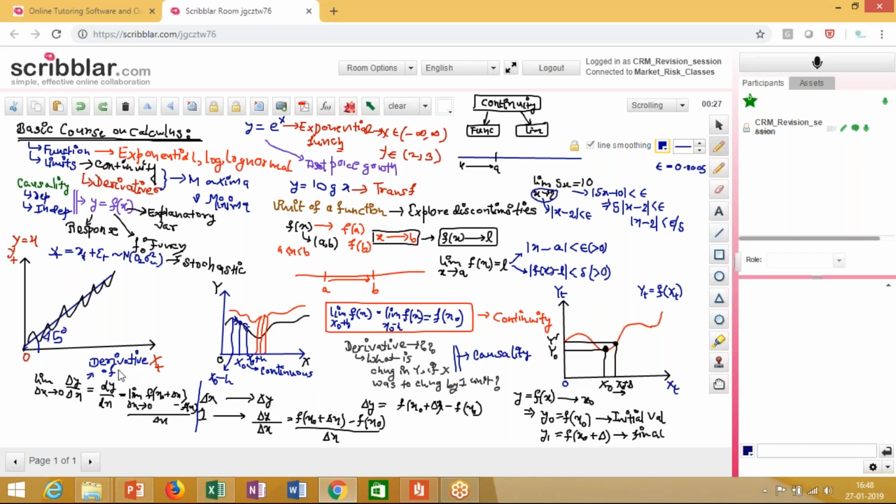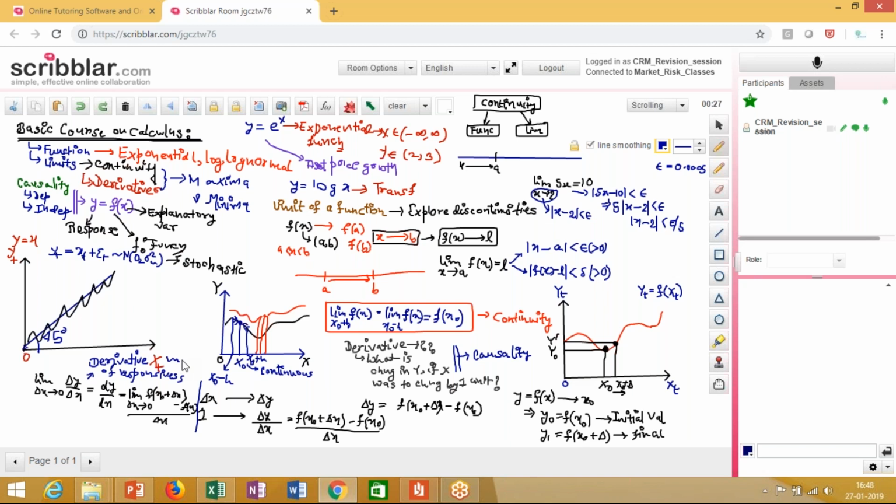A derivative is a measure of responsiveness.